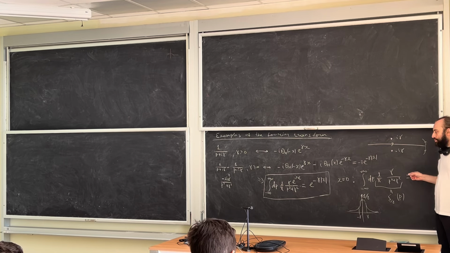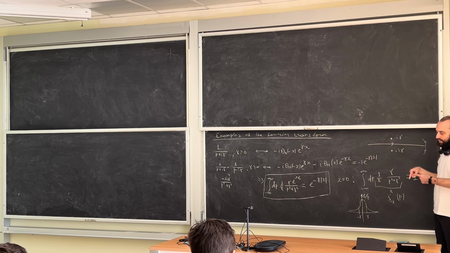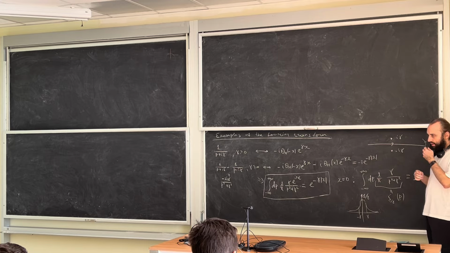Of course, this integral can be computed as a definite integral of this function; it equals some arctangent, and then we need to evaluate it at plus and minus infinity.